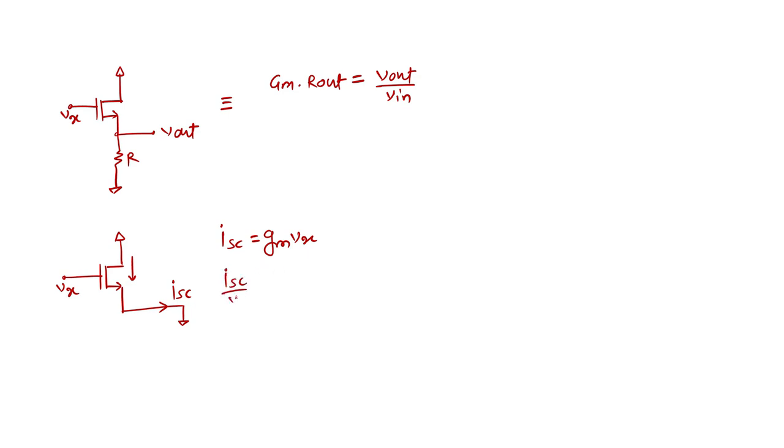So ISC by Vx is GM, which is nothing but the GM of the structure. This is the short circuit transconductance. Now, if I want to see the impedance looking at this node, what is the output impedance looking at this node?